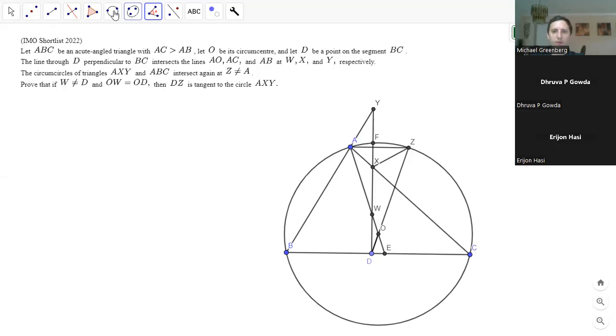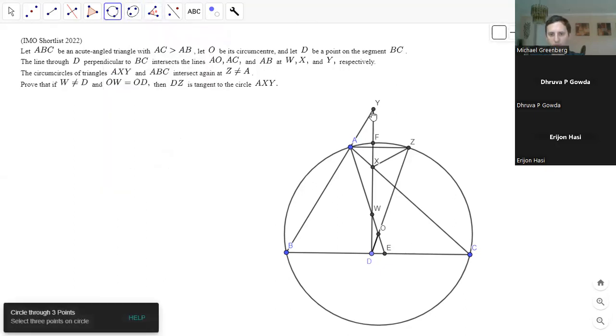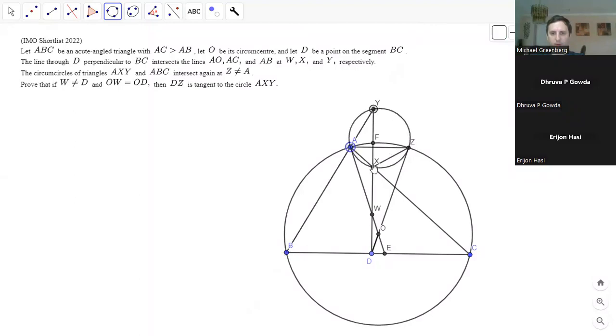I wonder if there's some spiral similarity that we could use to show that this is cyclic, because if it is... Can we maybe find a cyclic quadrilateral that has Z, X and C in it?